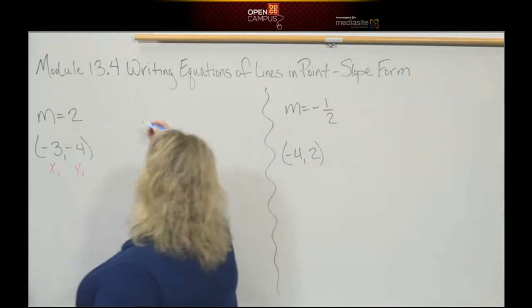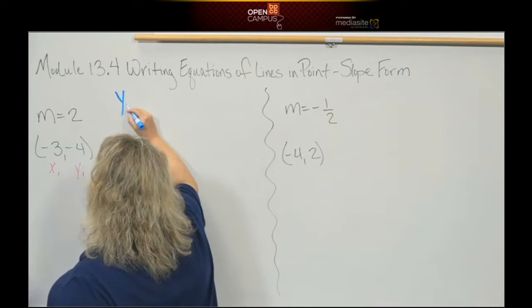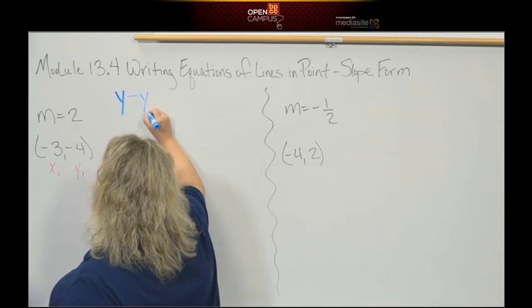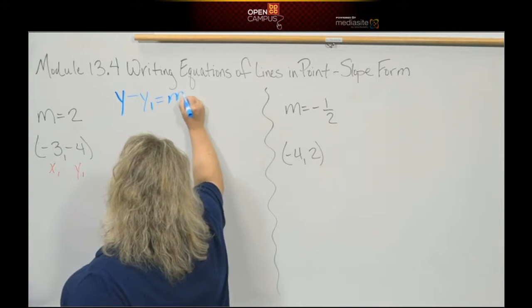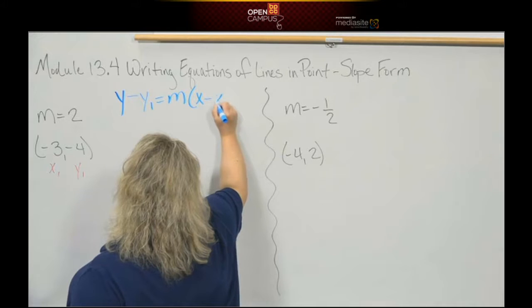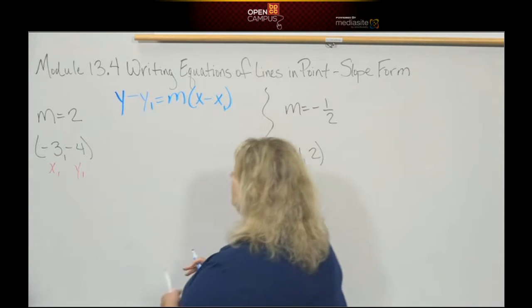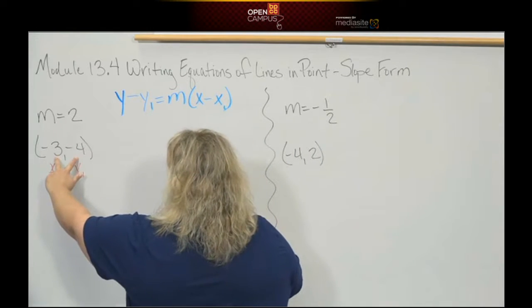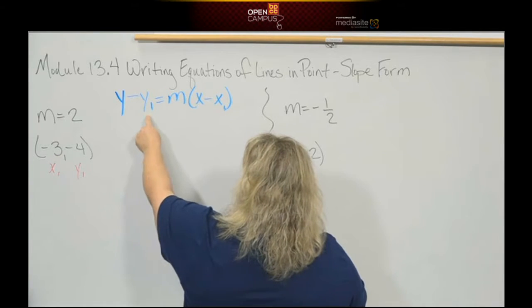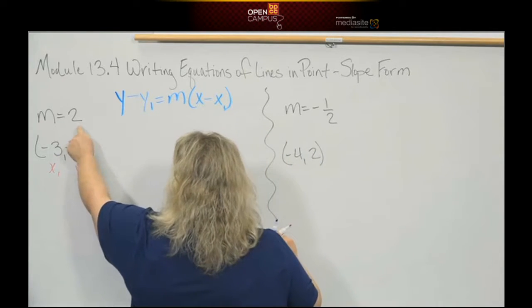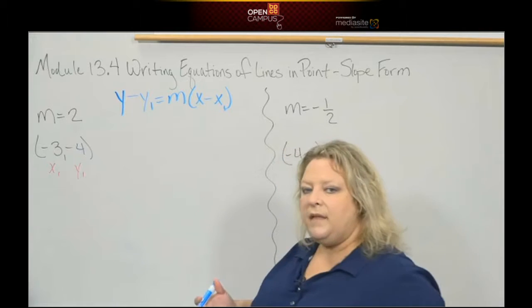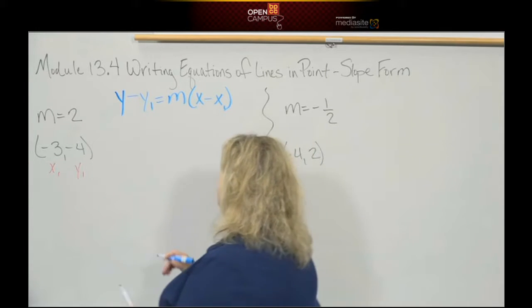So let's write the point slope form up here just so that you can remember what it is. y minus y1 is equal to m times x minus x1. So all you're going to do is take these two numbers, plug them in here and here, take the m, plug it in there, and that's going to be it essentially.